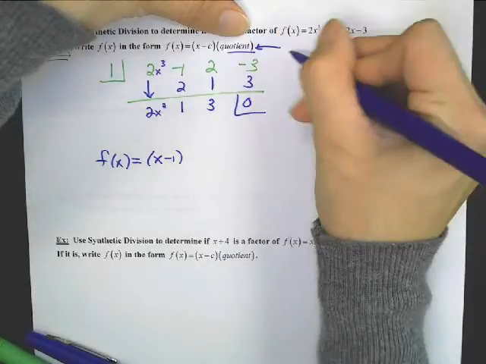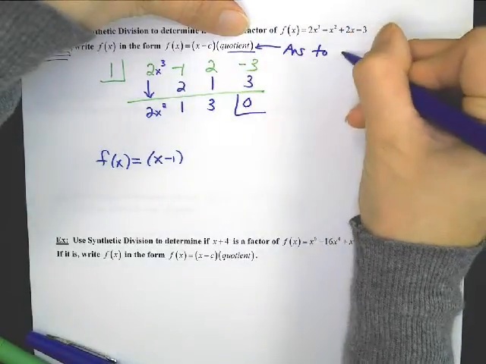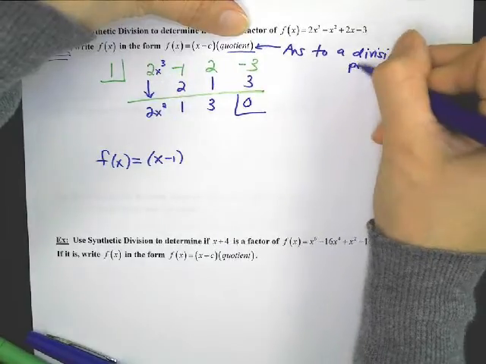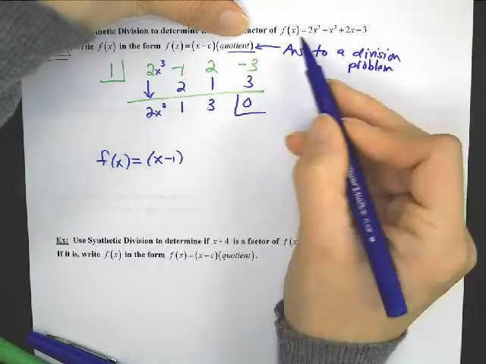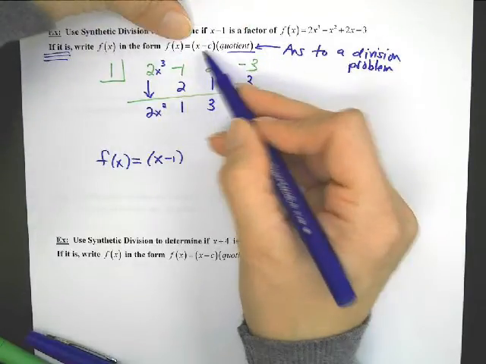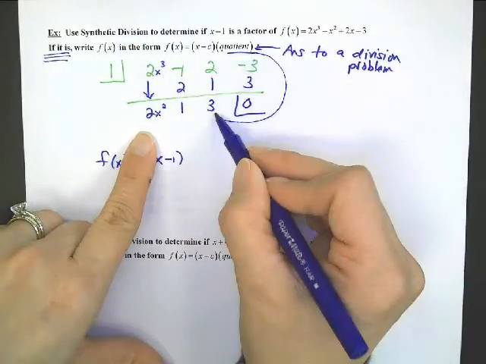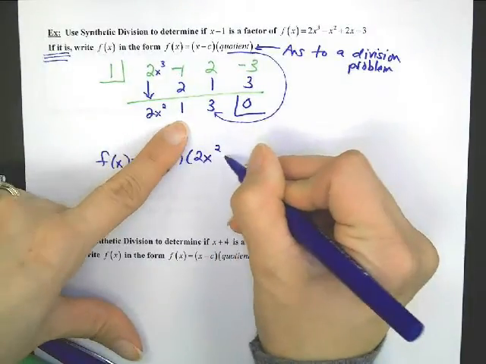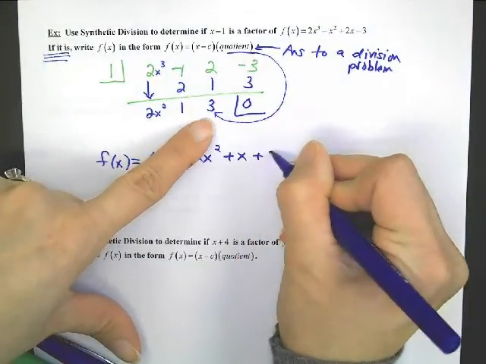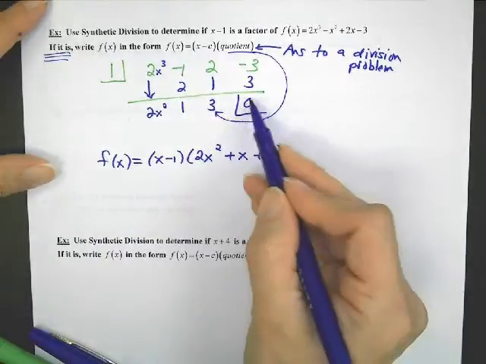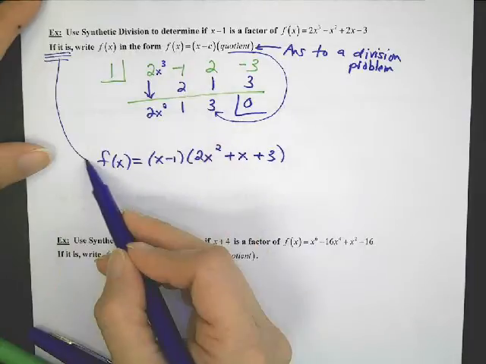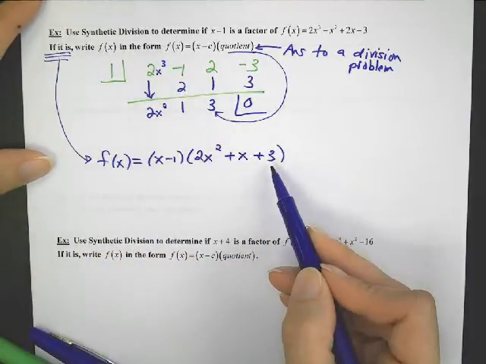Okay? Quotient is the answer to a division problem. So we divided f of x by x minus 1, and the quotient is down here. 2x squared plus x plus 3. Okay? If it doesn't come out evenly, you don't do this. If it is, then you write it in this form.